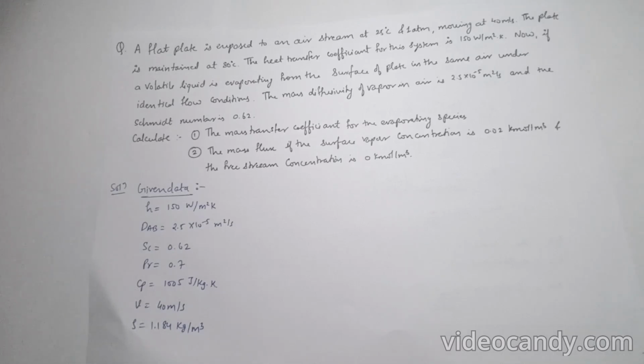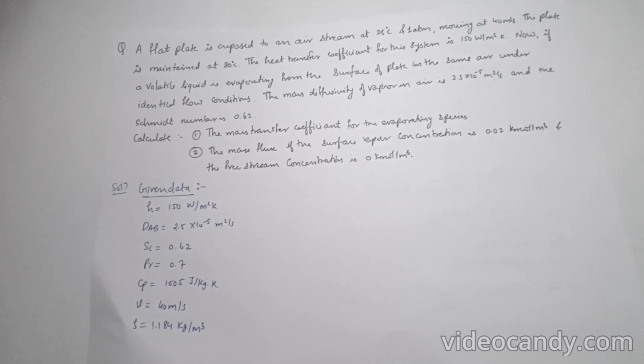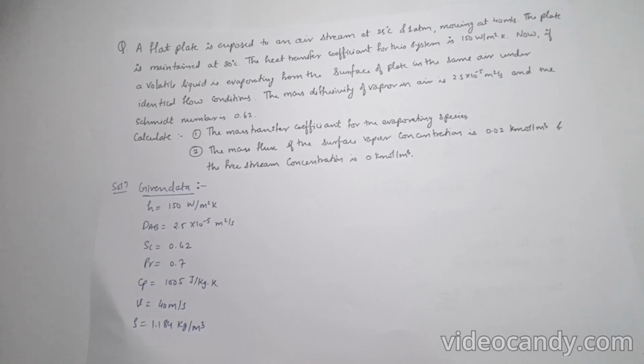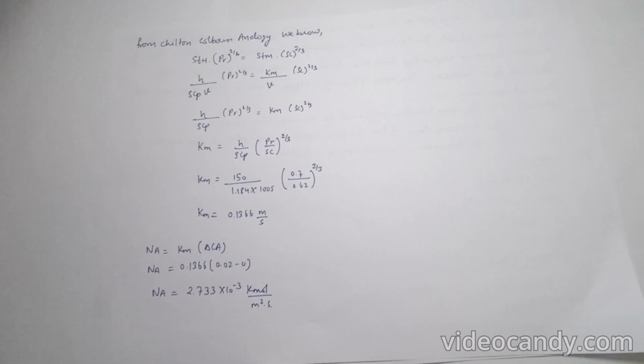So now, before solving the question, let's look at our given data again. The heat transfer coefficient is 150 watt per meter square Kelvin, diffusion coefficient 2.5 into 10 to the power minus 5 meter square per second, Schmidt number 0.62, Prandtl number 0.7, heat capacity 1005 joule per kg Kelvin, the characteristic velocity 40 meters per second, and density rho 1.184 kg per meter cube.